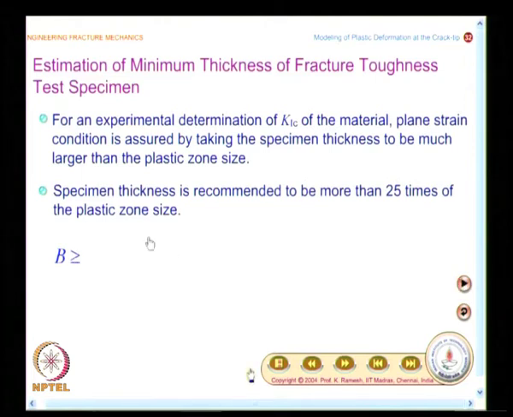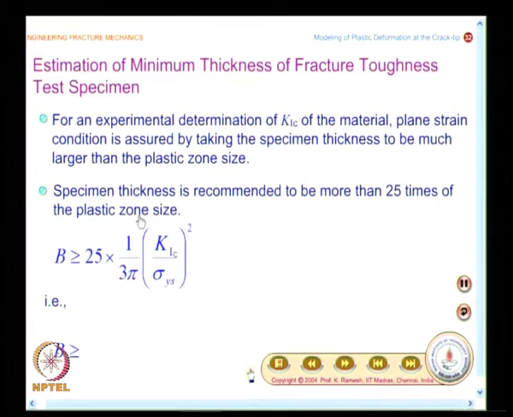And what is recommended is the specimen thickness should be more than 25 times the plastic zone size. And in an expression form, it turns out to be B is greater than or equal to 25 into 1 by 3 pi multiplied by (K1C by sigma_ys) whole squared.